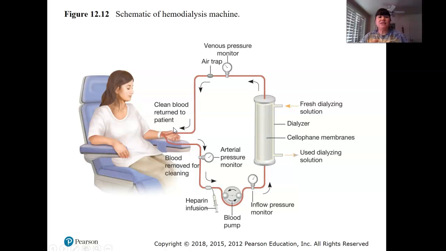So the kidneys aren't working, so they're doing the job of the kidneys. If a person's on dialysis, they need to have dialysis all the time. I forget, every few days or twice a week, they have to have dialysis. Again, a really long procedure. It's not an easy procedure, but they have no choice.